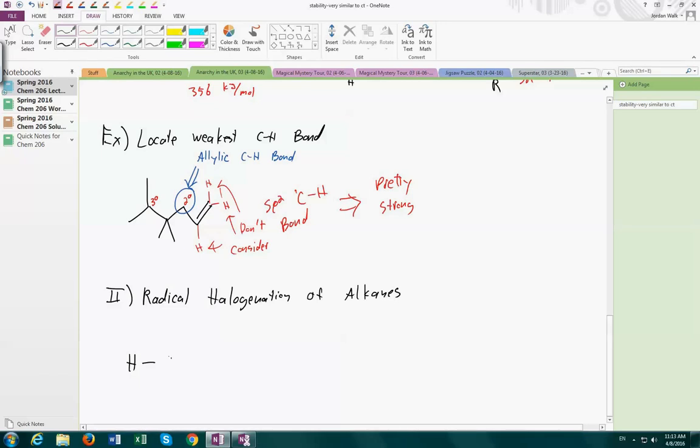So here's where that changes a little bit. We can take a molecule like methane. We can react it with chlorine gas, so Cl2. We're probably going to try to dissolve our gas into a solvent and then feed it in. So we've got chlorine that's reacting here. When we try this reaction, nothing happens. It just stays as methane.